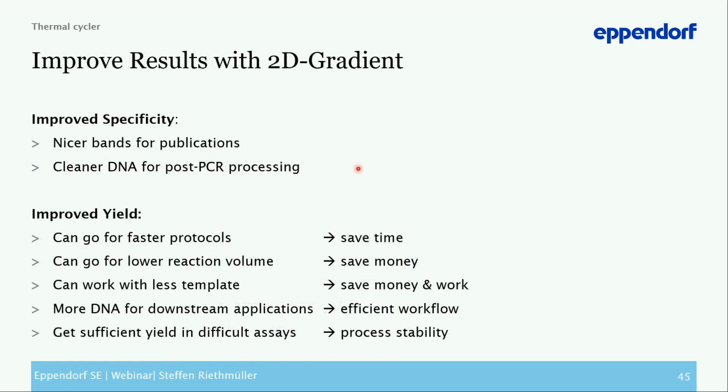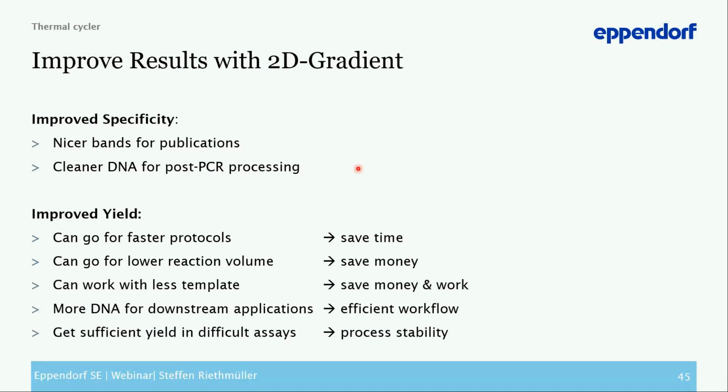So the 2D gradient helps you a lot to improve your results. You have higher specificity, meaning nicer bands for your publication, for instance, and you have cleaner DNA for post-PCR processing. By improving the yield, you can go for faster protocols if you want and save a lot of time. You can go for lower reaction volumes, and this will save money.